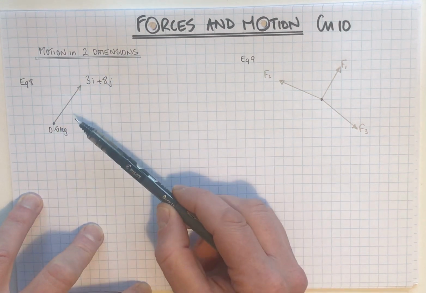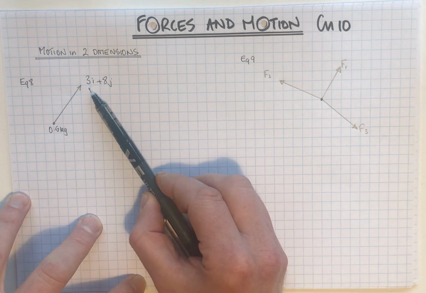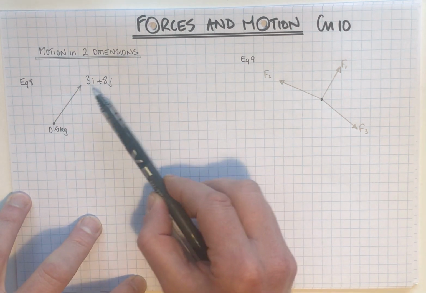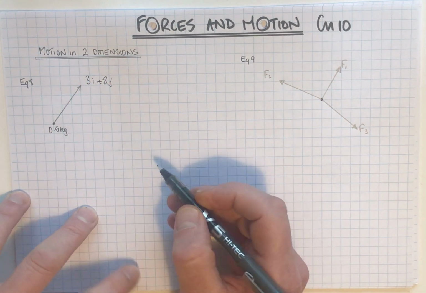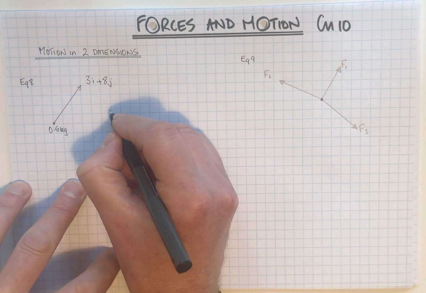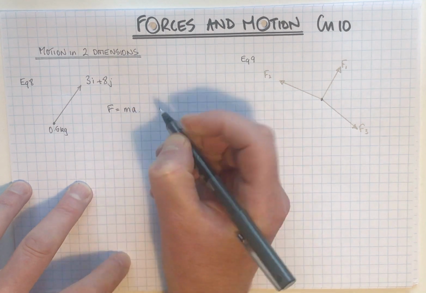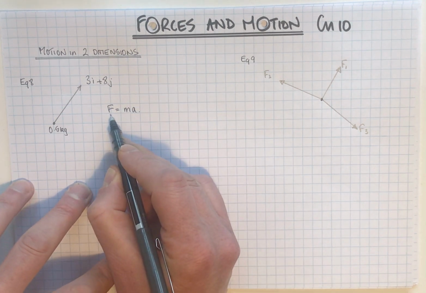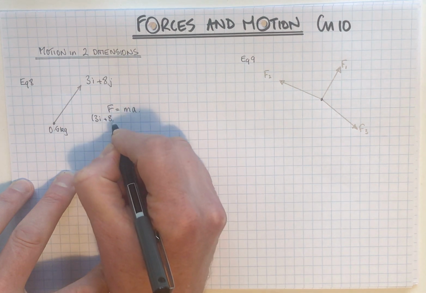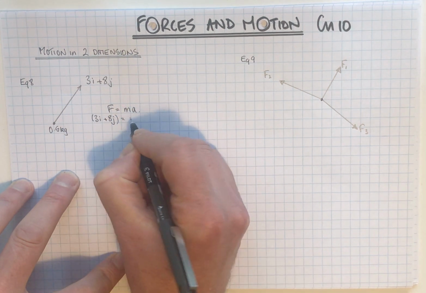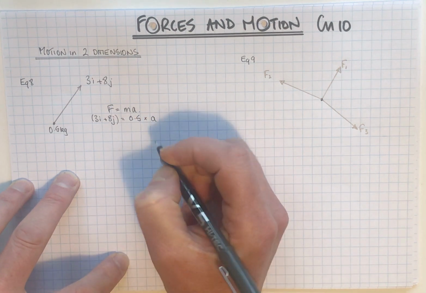So, one way to deal with it, or probably the best way to deal with it, is to consider acceleration vertically and horizontally separately. Okay, so consider them as 2 separate things. So we want to find the acceleration. We'll use F equals ma as ever. We know that the force is 3i plus 8j, and that's equal to 0.5 times the acceleration.